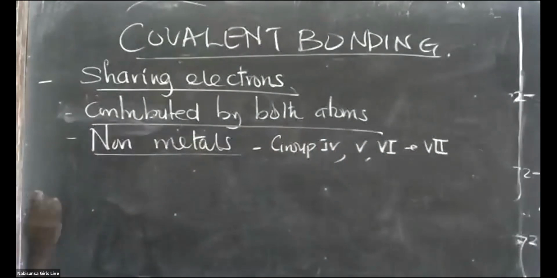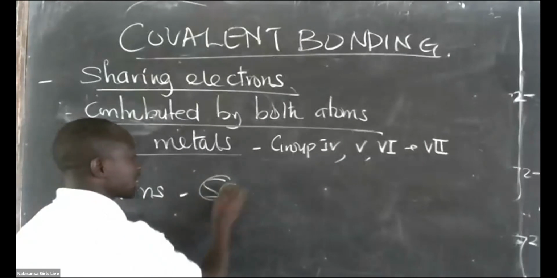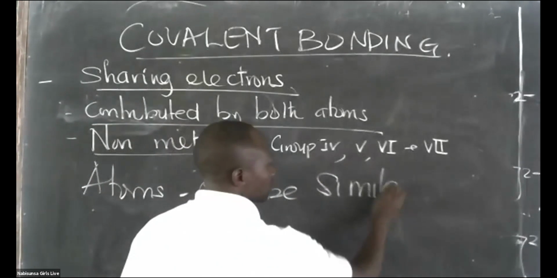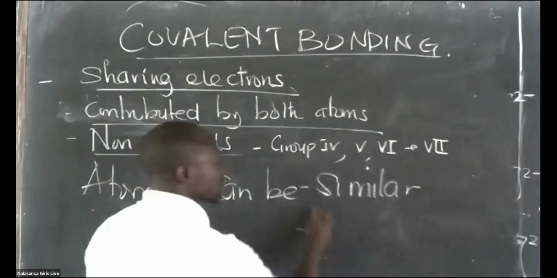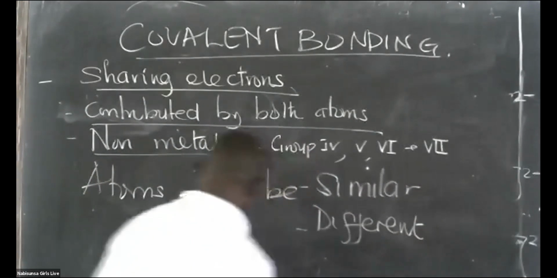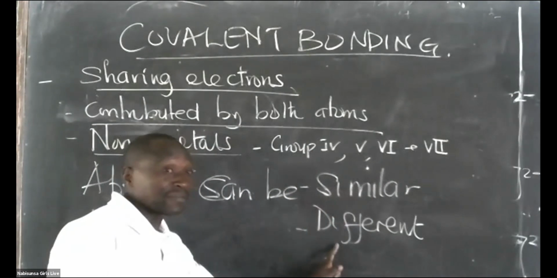We shall find out in chemistry that these atoms that are sharing electrons can be similar. If not similar, the atoms can be different. They can be similar, they can be different.